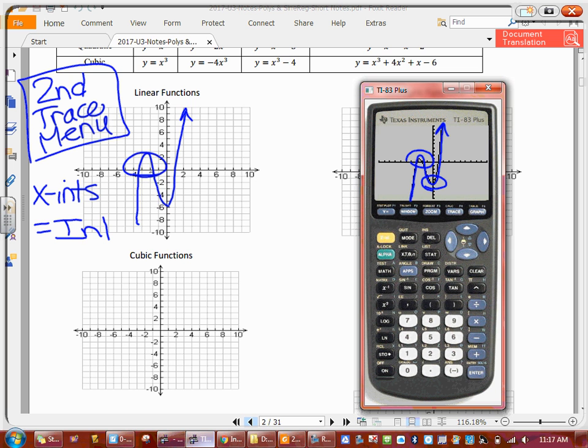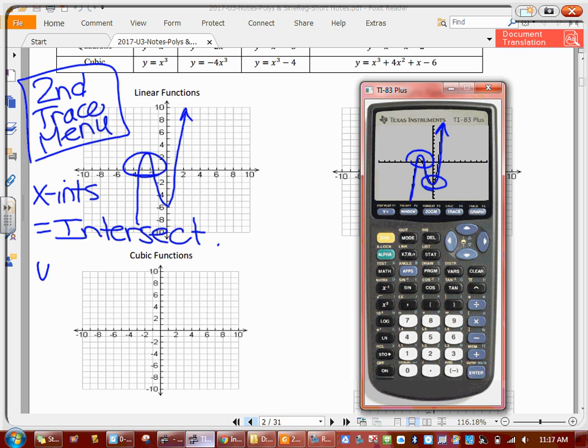You can't just intersect one graph. You have to have 2 graphs in your y equals. So in order to find an x-intercept on this line, on the x-axis, what is y equal to? 0. So, intersect. So into y2, you're going to put 0 always. And that's going to help you find your y and x-intercepts.